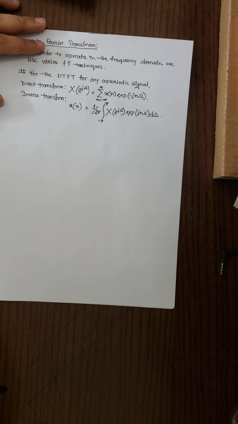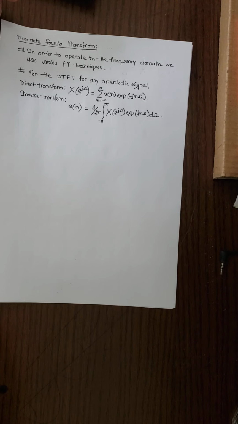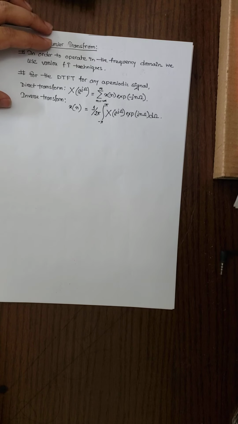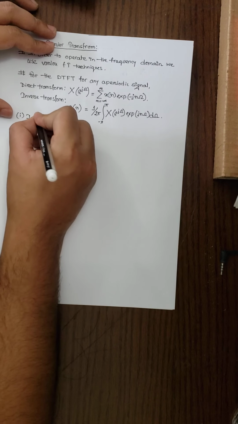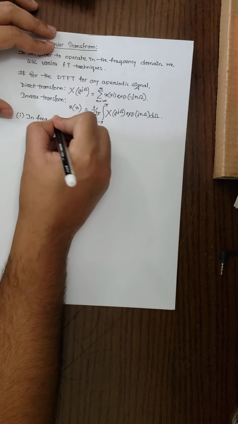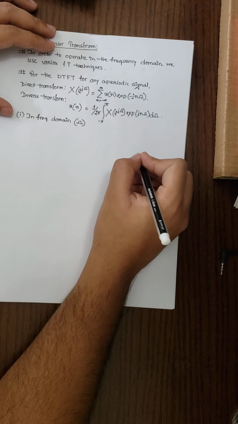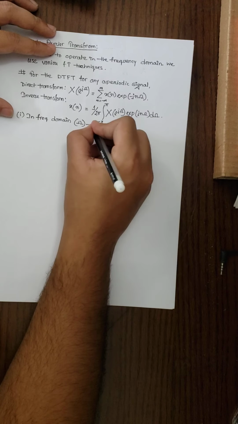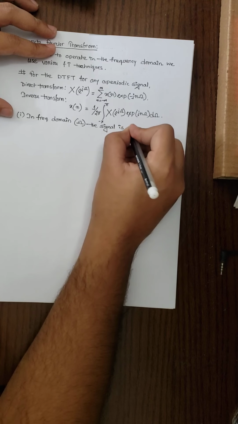Now, from these two equations, a very important thought is revealed. I have clarified some of it in the previous lectures, and I would repeat it now. One of them is that in the frequency domain, that is the omega domain, the signal is continuous.